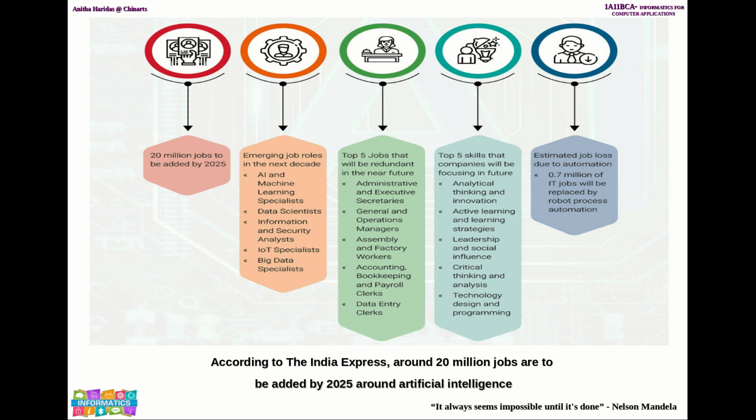You can expect 20 million jobs to be added by 2025, maybe in 2 or 3 years, because most companies are now looking for people who can design or develop artificial intelligence problem solving methodologies.